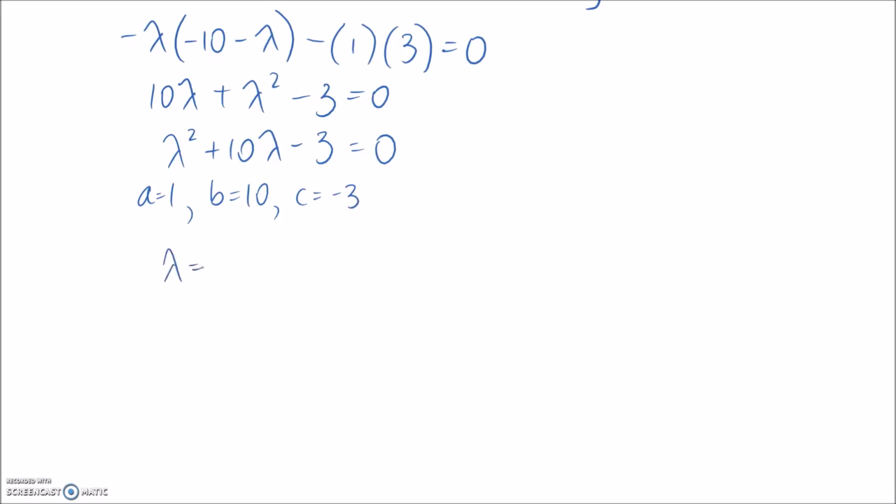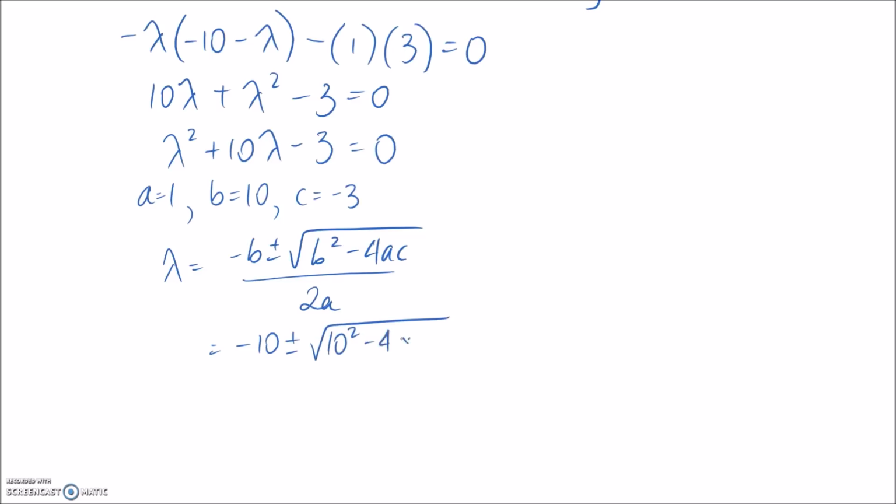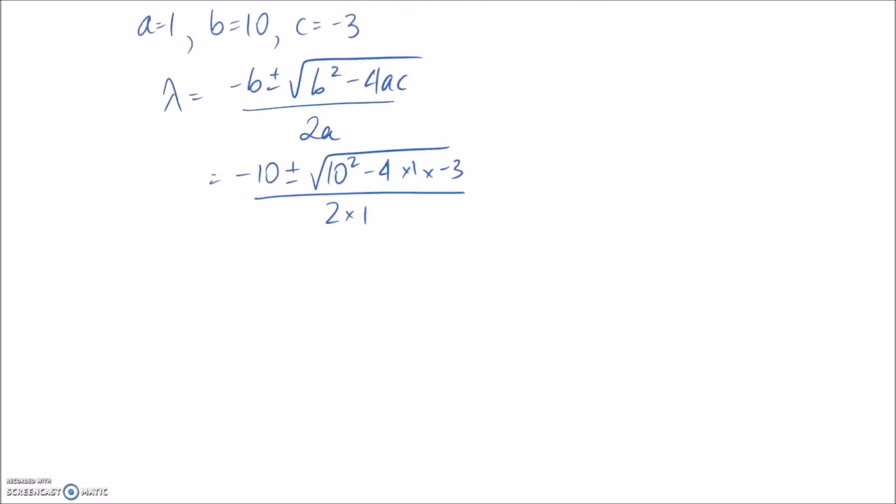Applying the quadratic formula, which looks like this, we sub our values into it, and this simplifies down to negative 10 plus or minus the square root of 112, over 2, and we're going to get two answers out for lambda.